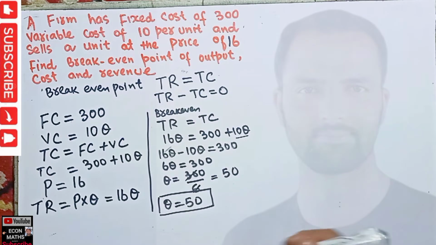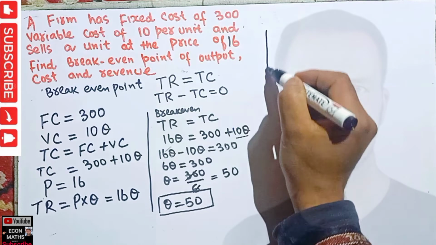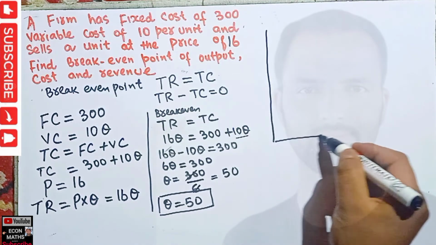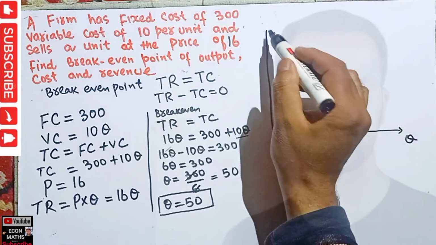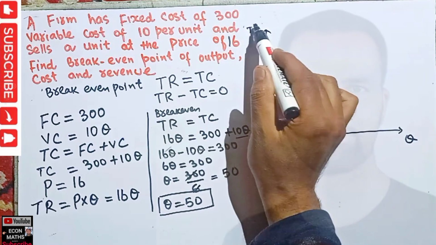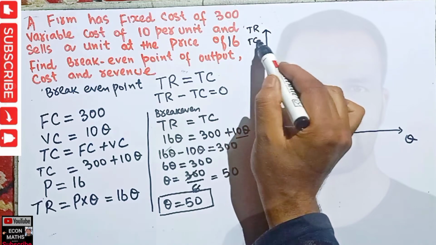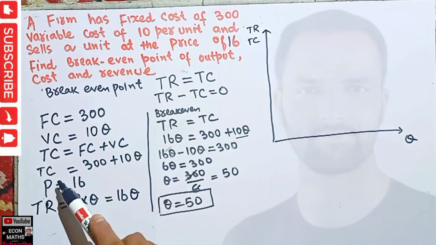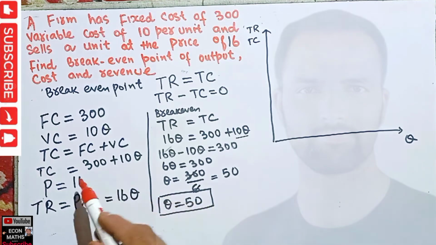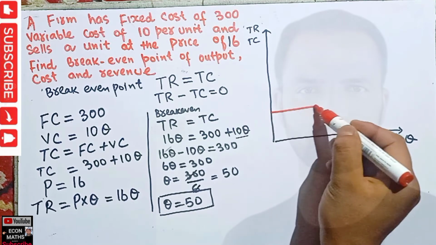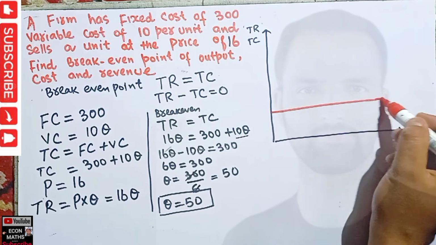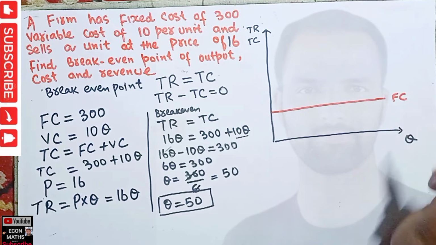Now let us graph this out. Let us draw the graph roughly here. On the horizontal axis we have the quantity, and on the vertical axis we have total revenue and total cost. First I will write what our fixed cost is. Fixed cost will be 300. This is the cost which does not depend upon production.